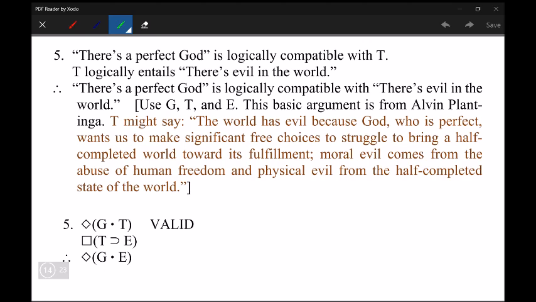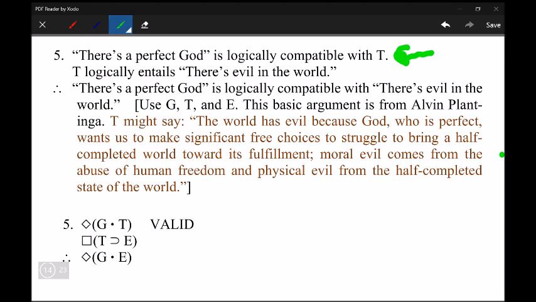The first premise says that there is a perfect God is compatible with T. What is T? T is a theodicy, a possible explanation of why an all-perfect God might permit the existence of evil in the world. And there's various theodicies. And you could use various ones. Here I'm using my favorite one, not Plantinga's favorite one.